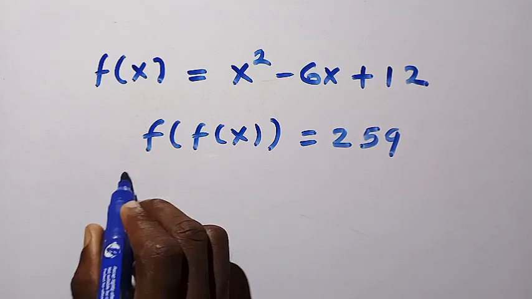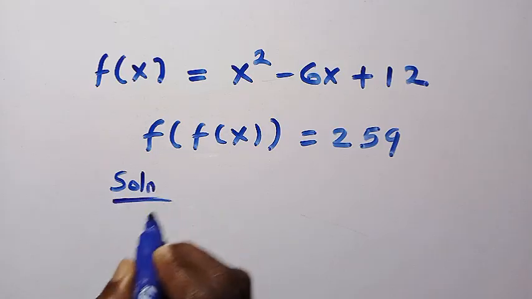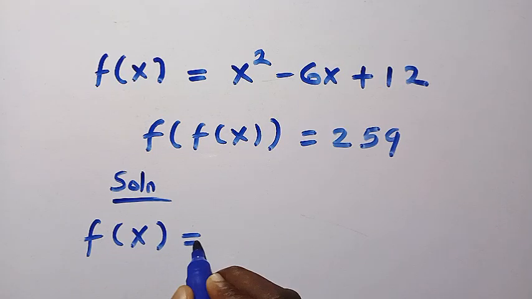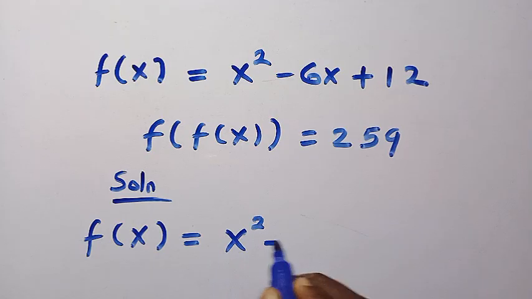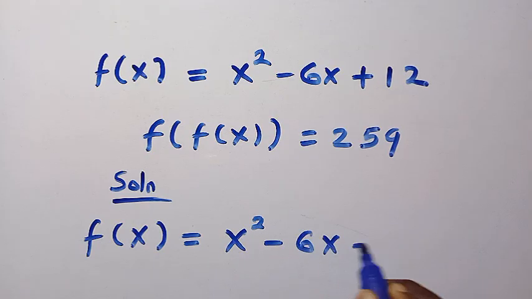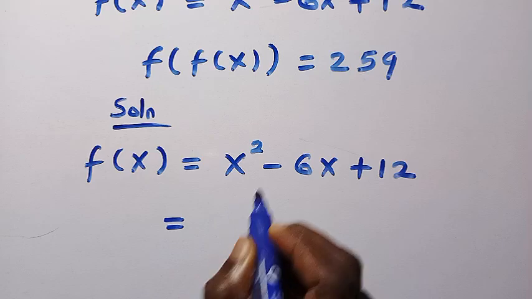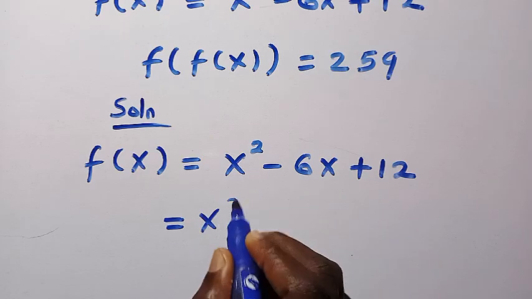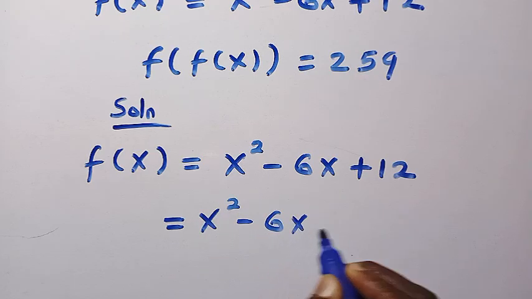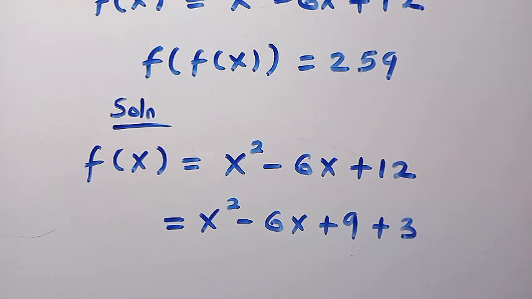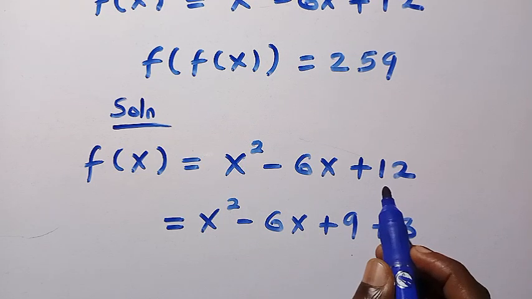So to solve this, let's consider the solution here. The question says f of x equals x squared minus 6x plus 12. Here is the given question. Before solving it further, let's write this in the form of x squared minus 6x plus 9 plus 3. Here is a quadratic function.